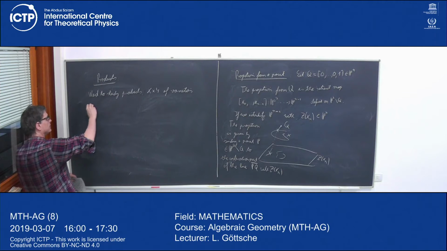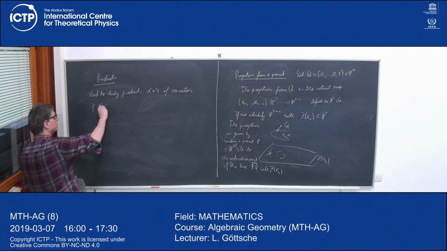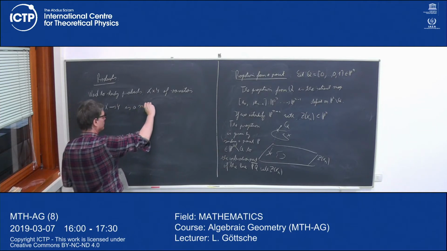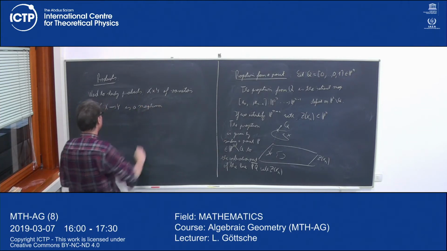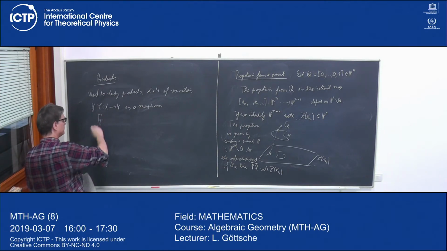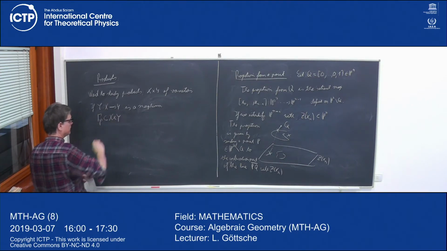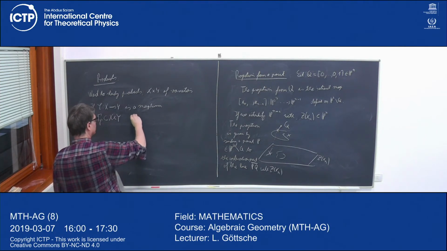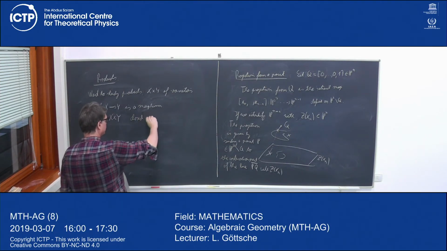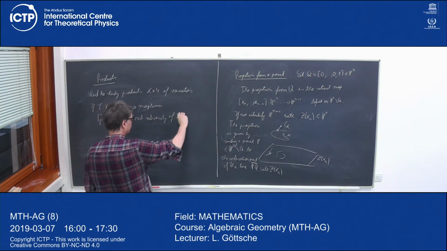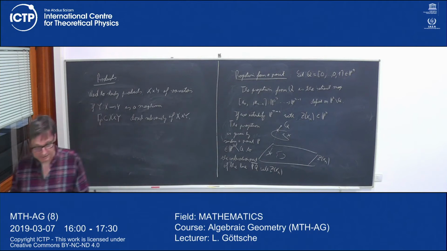This has many applications. The most simple, most useful one is maybe the following. If phi from X to Y is a morphism, then I can look at the graph of phi inside X times Y, and we will see that this is a closed subvariety of X times Y, once we know what that means.